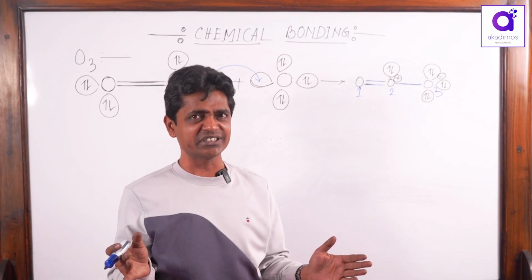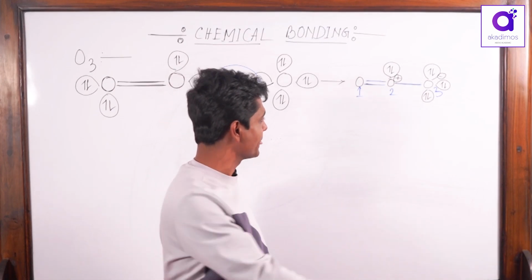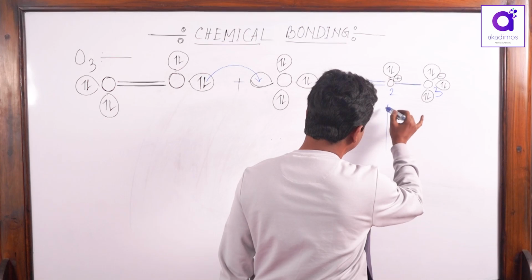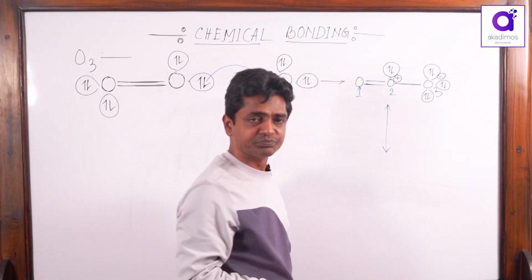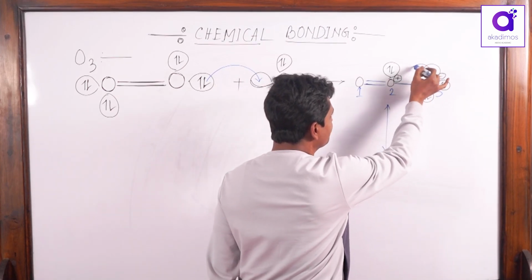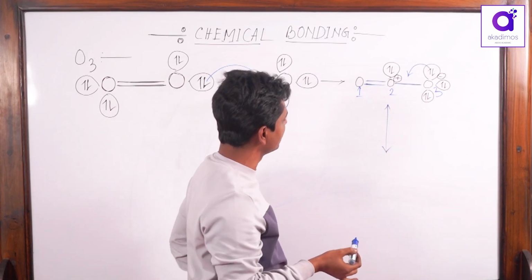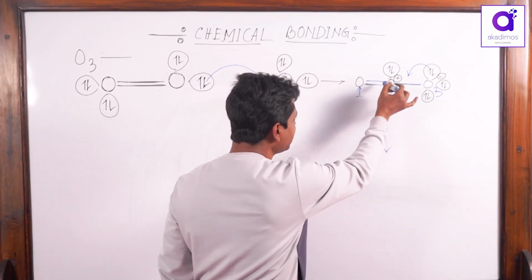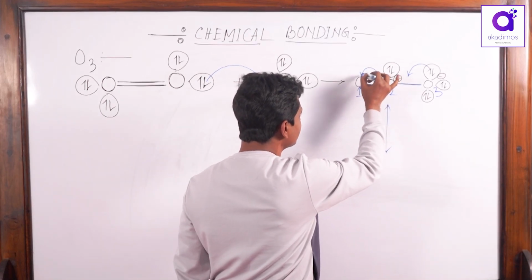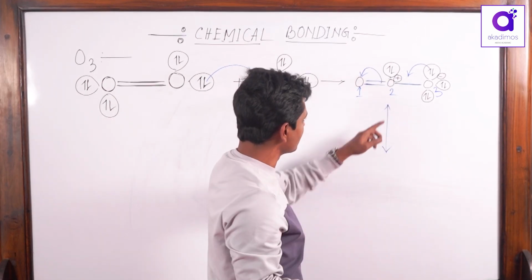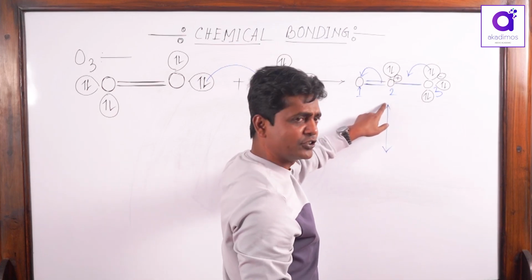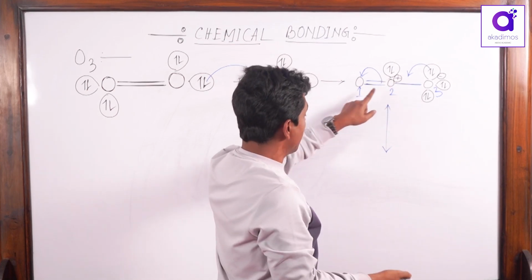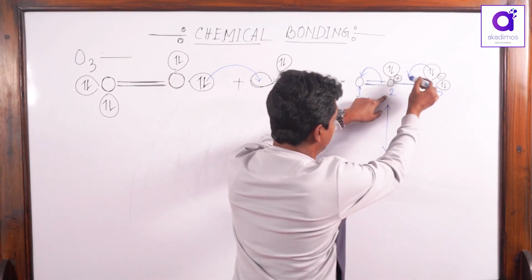That is resonance, with another canonical form. If I take another canonical form, give this lone pair. Sir, why will I give this lone pair? Since the oxygen with plus has no vacant orbital, break it. Heterolytic cleavage will form another plus with a vacant orbital. This is minus, and the other plus with a vacant orbital makes a bond.